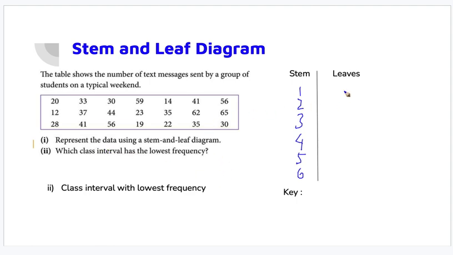Because we need to arrange the leaves in the order of smallest to the biggest, therefore it's good to draw a rough diagram first. Right, so now we have 20, 33, 30, 59.